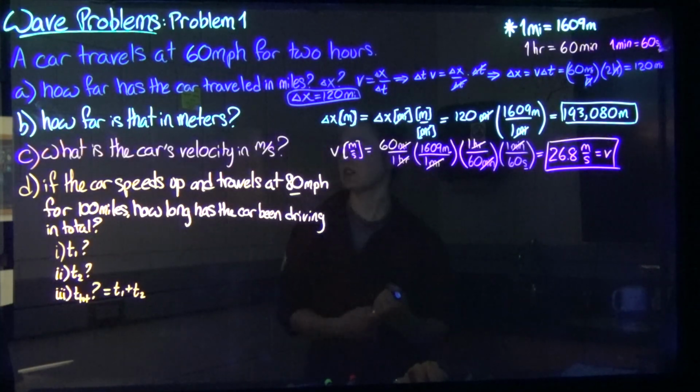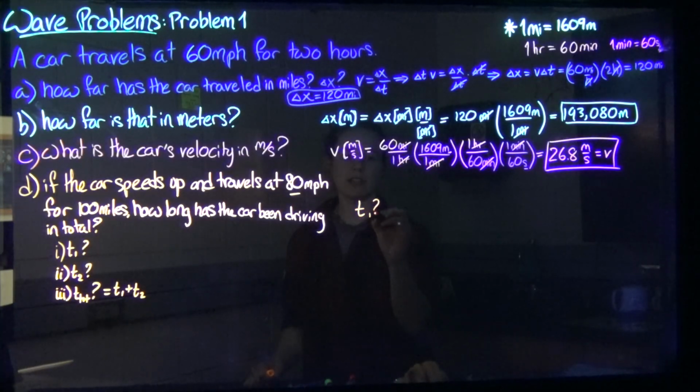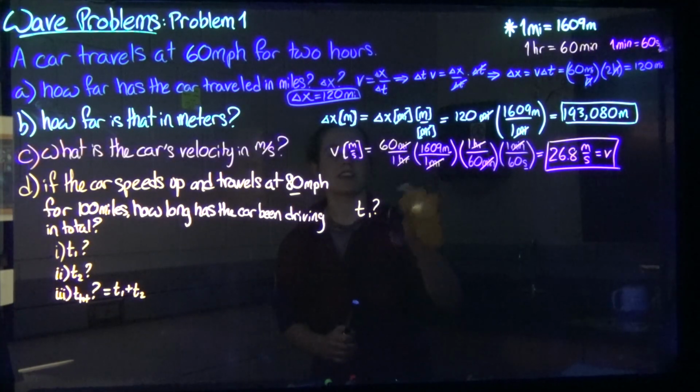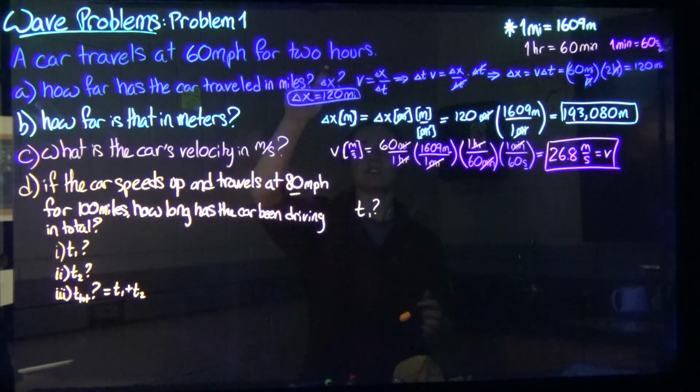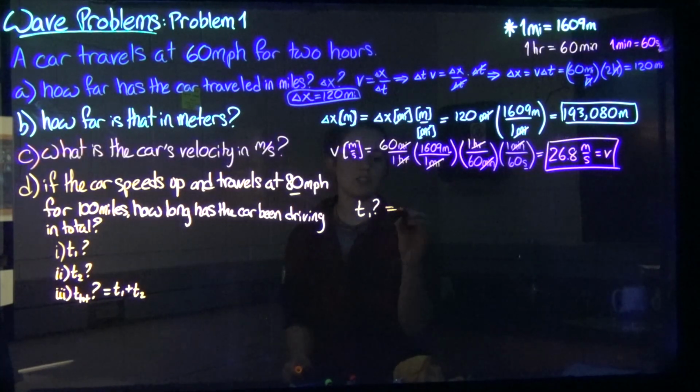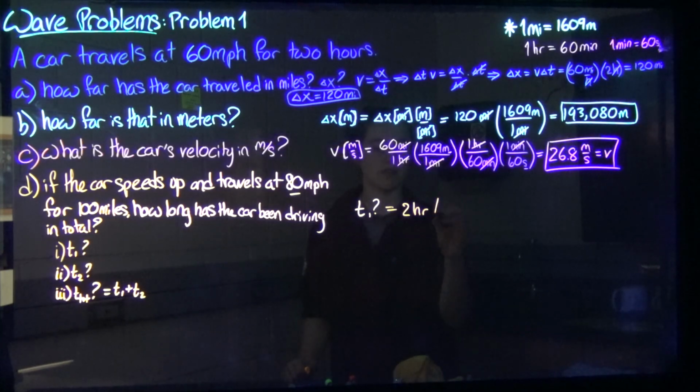Alright, so for the T1, what is this? Oh wait, we have that one. That's given to us right here, 2 hours. And let's put this in seconds, even though they didn't ask for it.